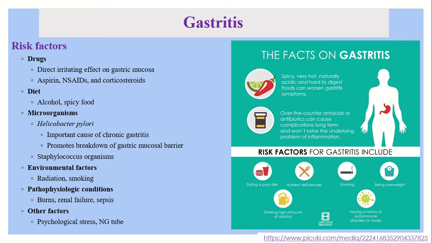Microorganisms: Helicobacter pylori is an important cause of chronic gastritis, promoting the breakdown of the gastric mucosal barrier. Staphylococci may also play a role as a risk factor. Environmental factors: radiation, smoking. Pathophysiological conditions such as burns, renal failure, sepsis, and other factors. For example, physiological stress, nasogastric tube.